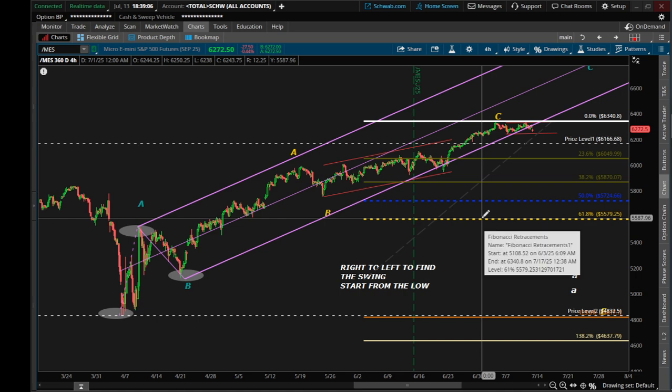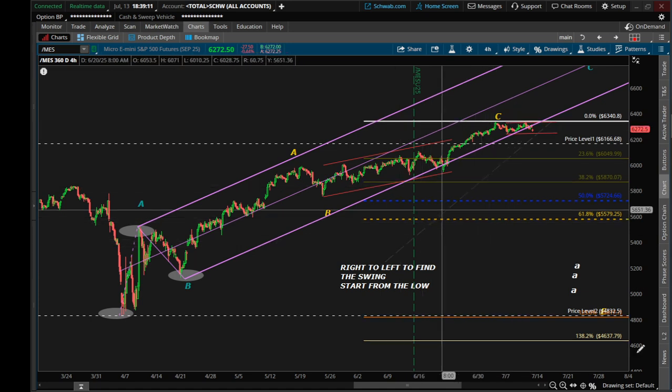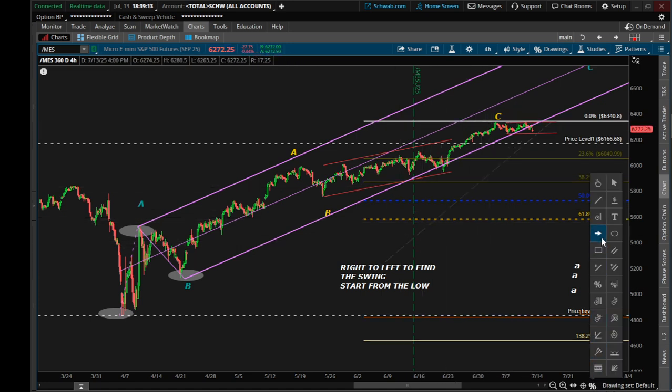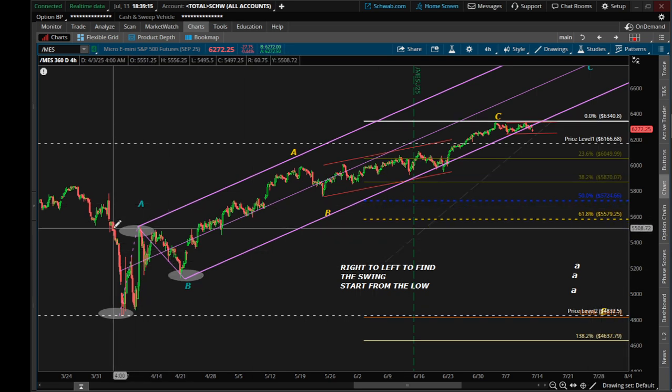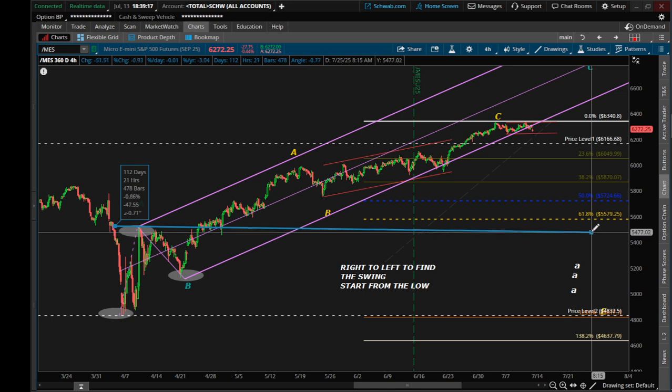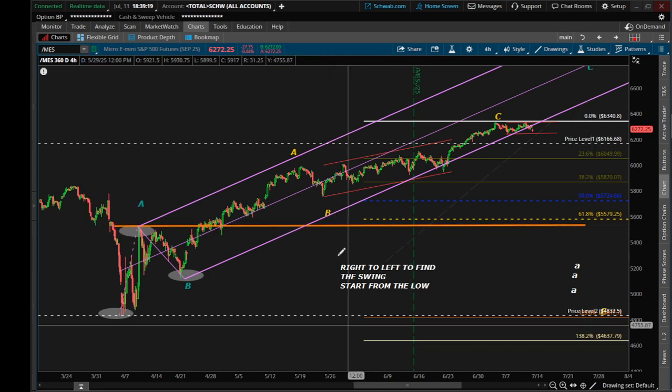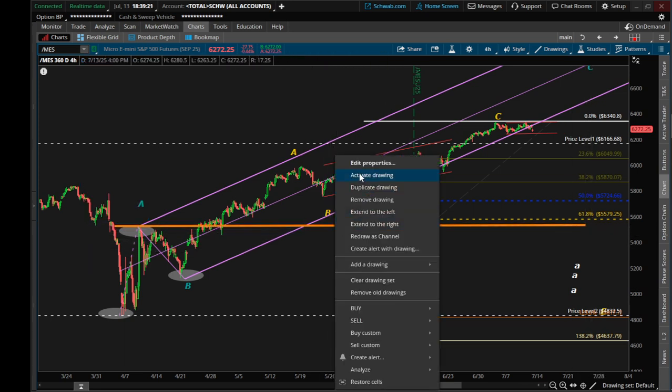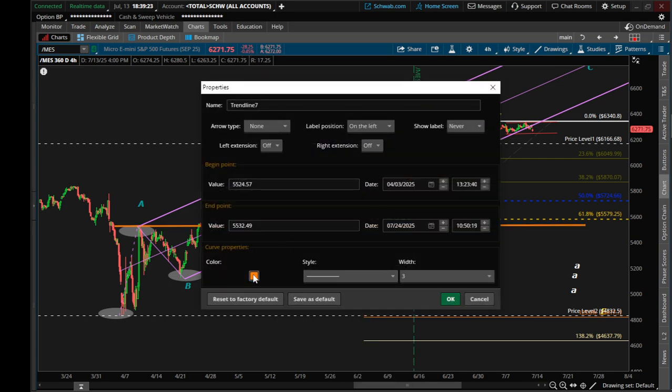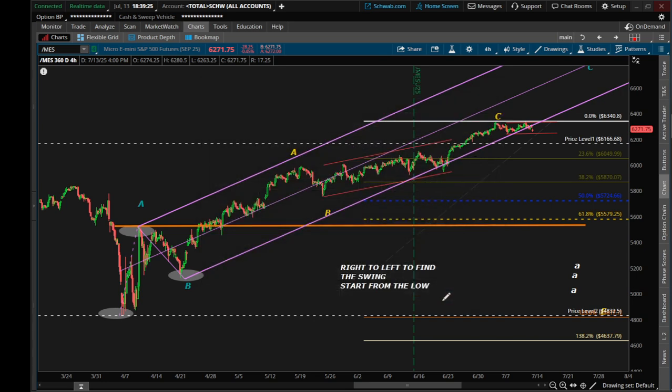And the 61.8 is at 55.79. And all these are above the original intermediate A. So all of those corrections can still be bullish. Okay. Now anything below that, then we need to start looking for a trend change.